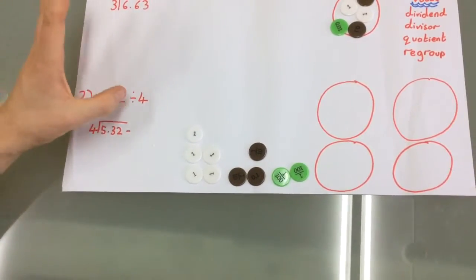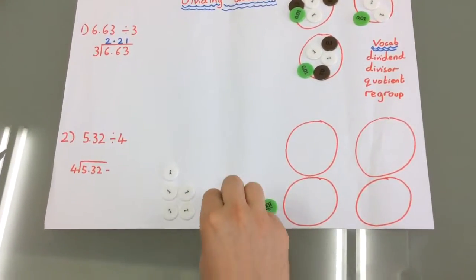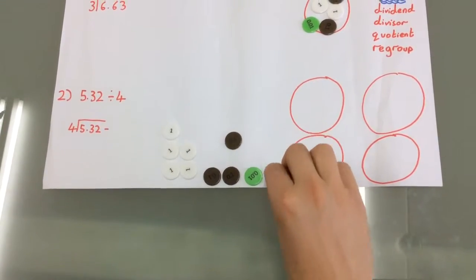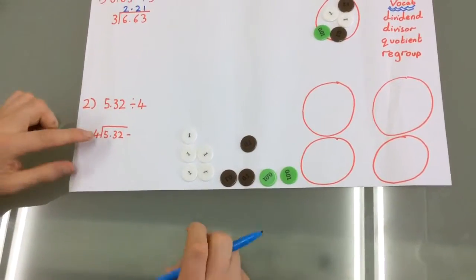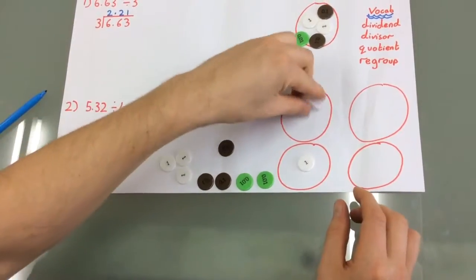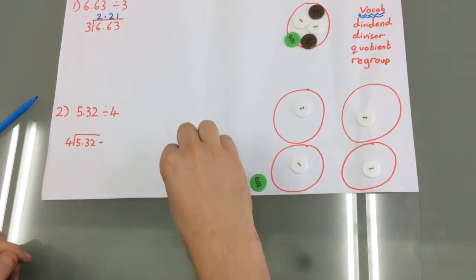I have 5.32 divided by 4. So I've got 3 of these tenths, you can see they're tenths, and then 2 of these hundredths. So 5 units divided between 4. 1, 2, 3, 4, and I have this one left.